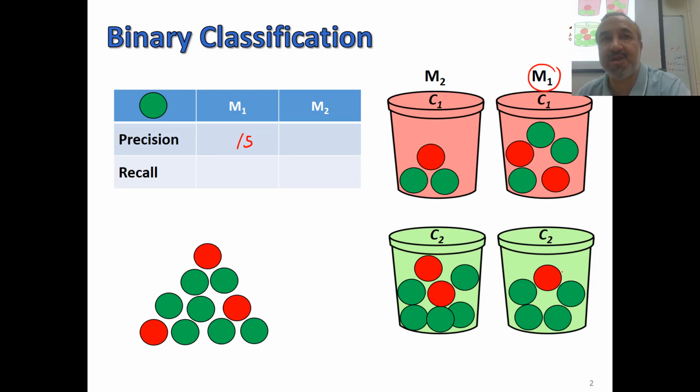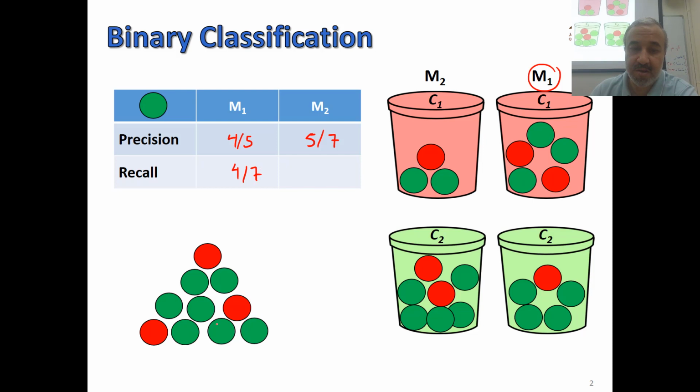How many of them are actually correct? 4. The 7 is here, right? How many are correct among the 7? 5. How about recall for M1? 4 out of 7. Why is that? Why is it 7 here?